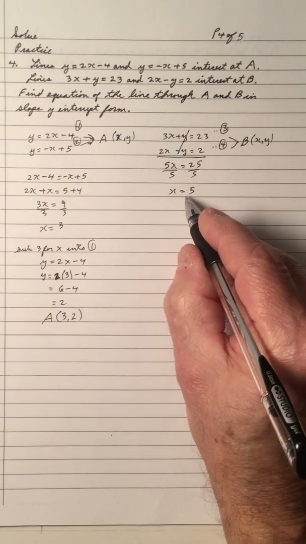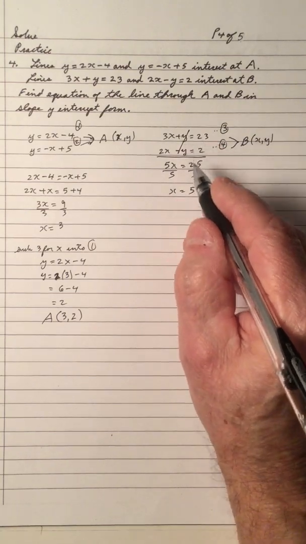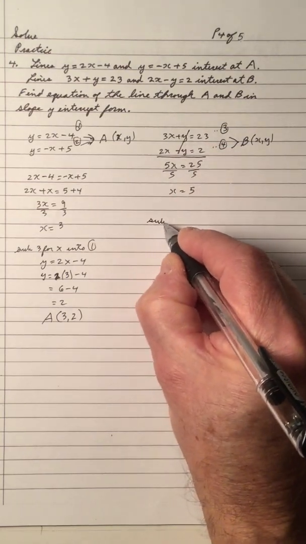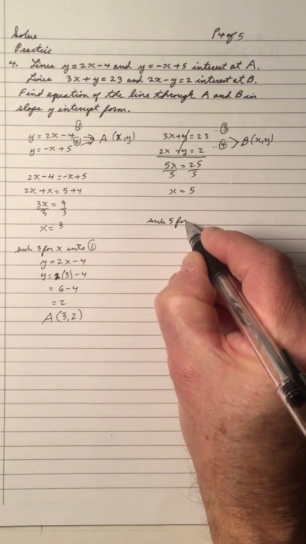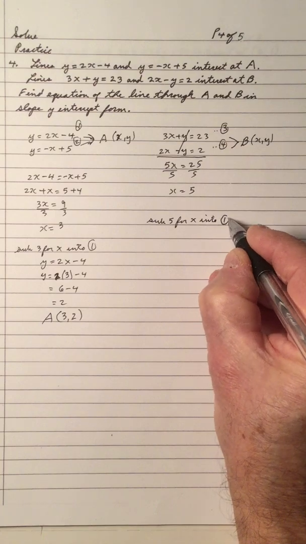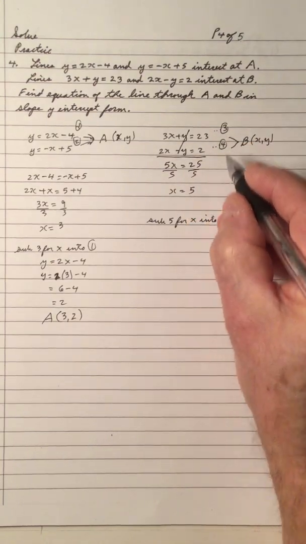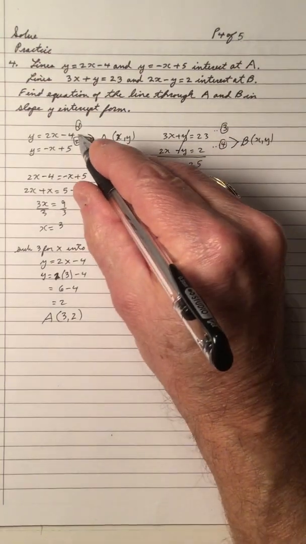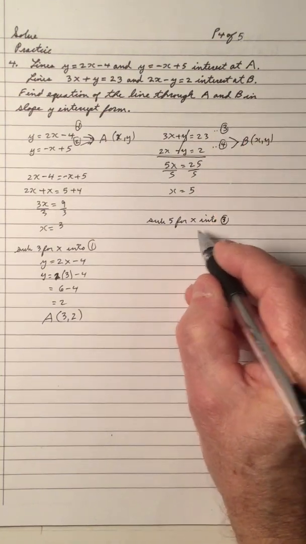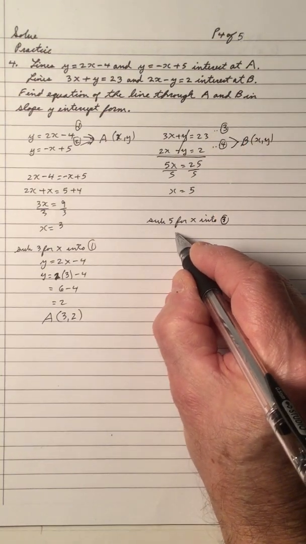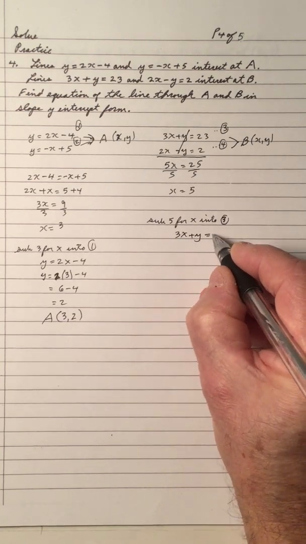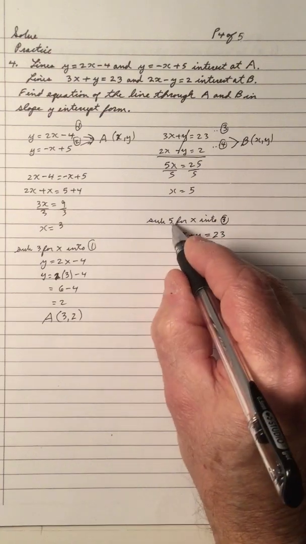Now, we have to sub that back into one of these two equations. We could go into 3 or 4. So let's copy down number 3. 3x plus y equals 23.